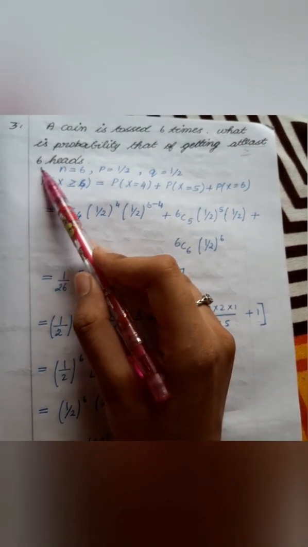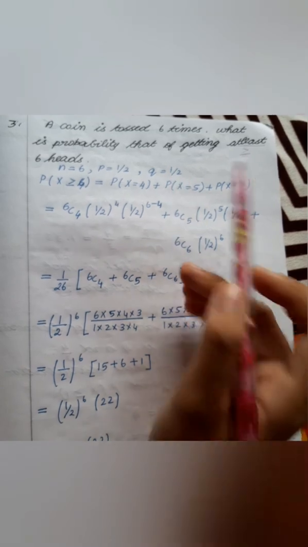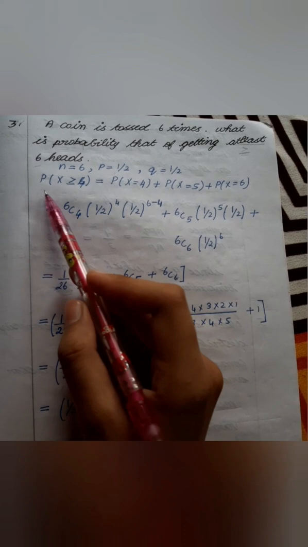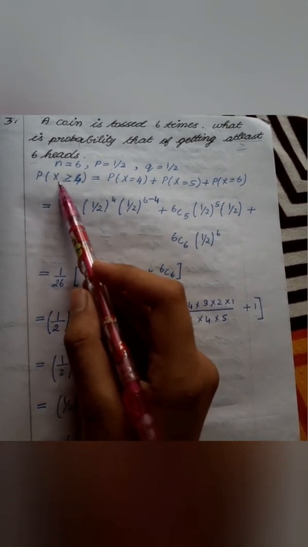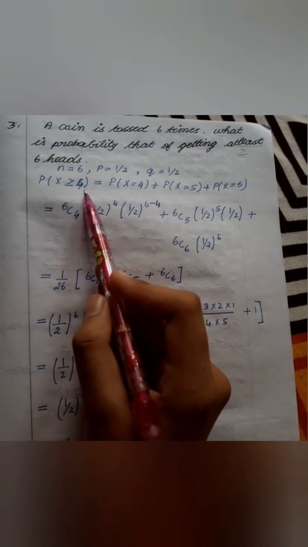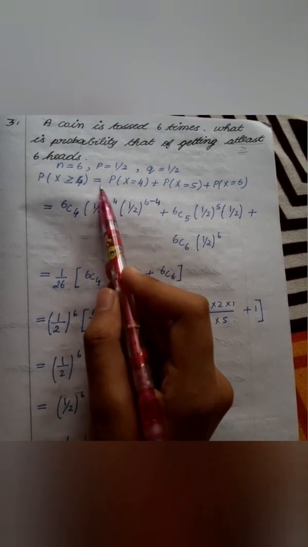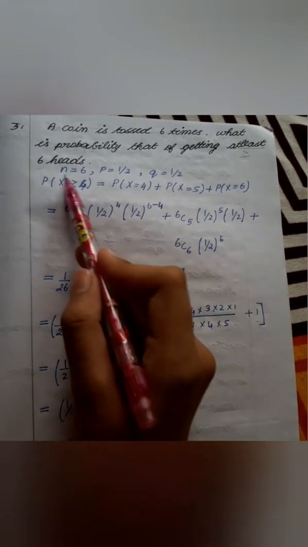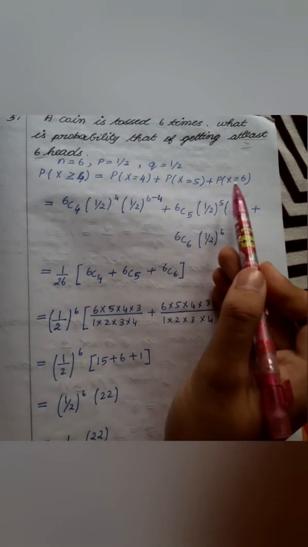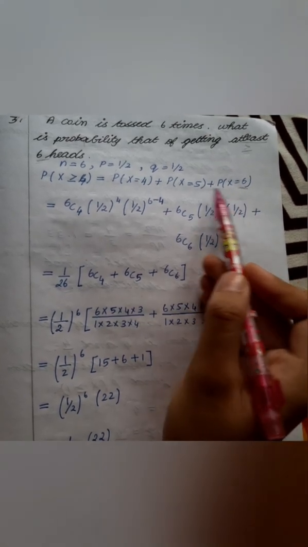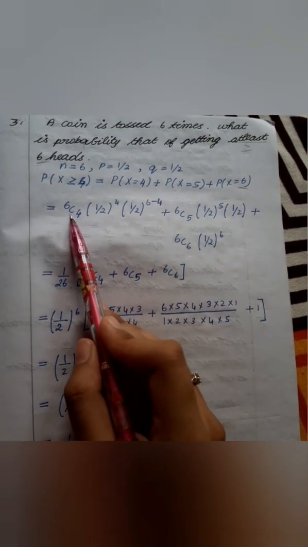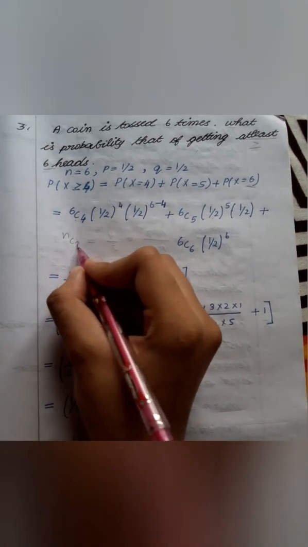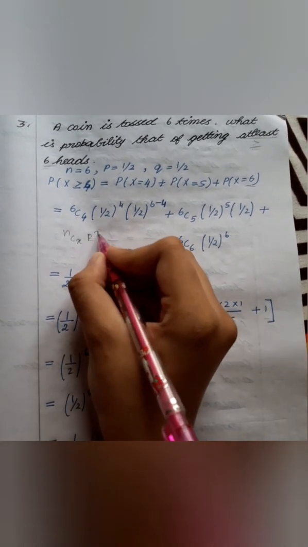So here n becomes 6 and p and q, as usual for a coin, are 1/2. Then P(x greater than or equal to 4) is equal to, we have to start from 4 to 6, and we are using the formula nCx p^x q^(n-x).